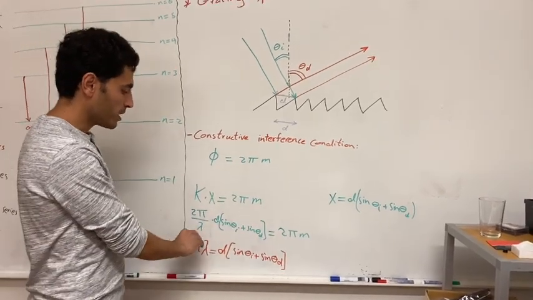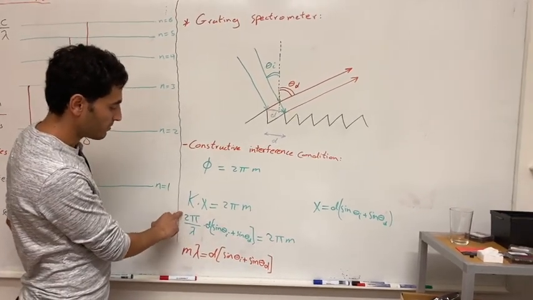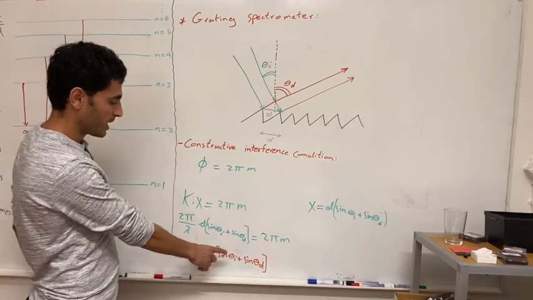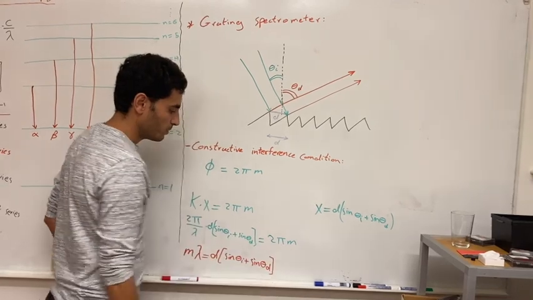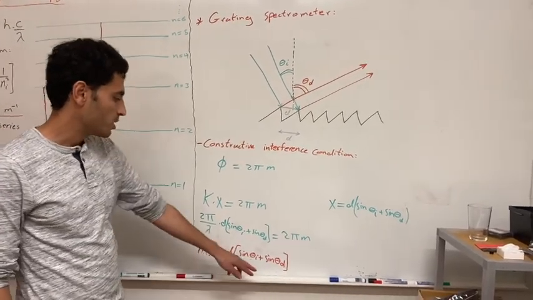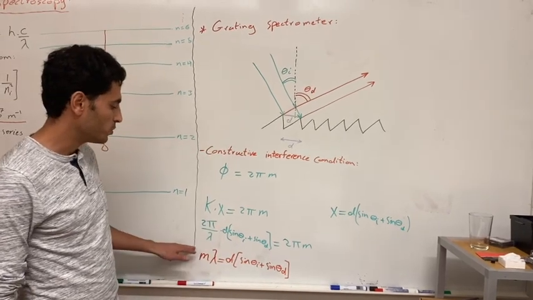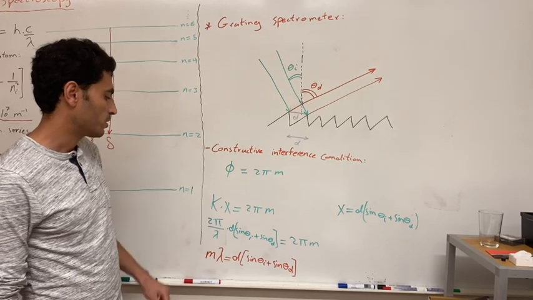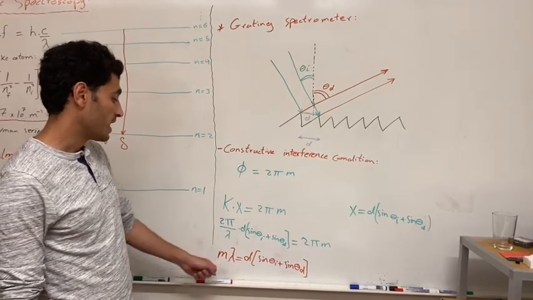If you put everything together, where the wave number k can also be written as 2 pi over lambda, the wavelength, and set k times x equal to 2 pi times m, the condition for constructive interference, rearranging that will give you the condition for constructive interference.